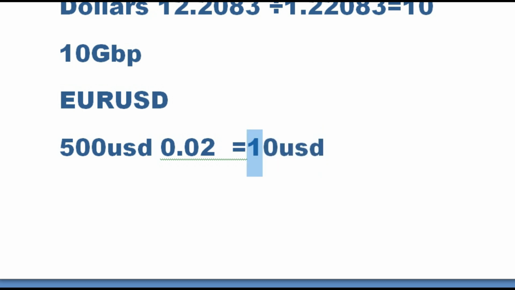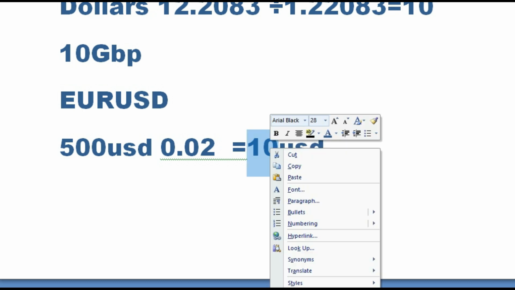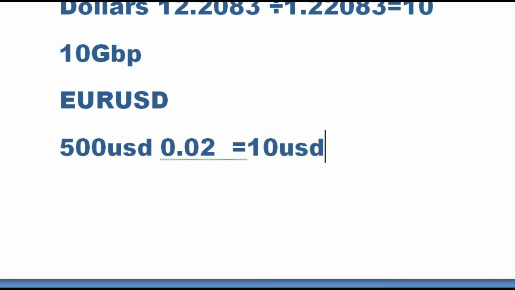In this scenario, you just get the $10 you have at risk.